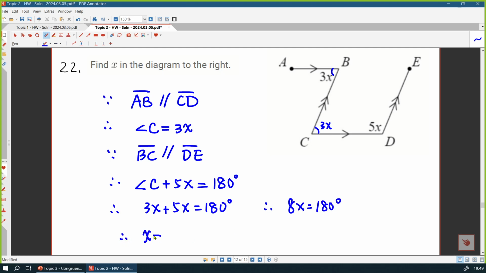Then we know x equals 180 degrees over 8, and this gives us 22.5 degrees, right? Again, just use the properties of parallel lines to help you solve the value of x here.